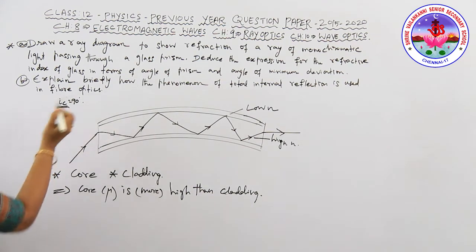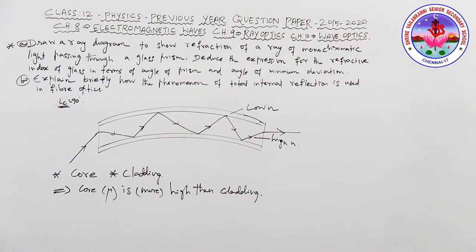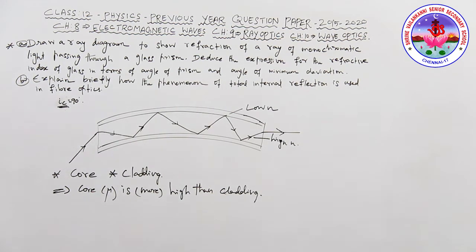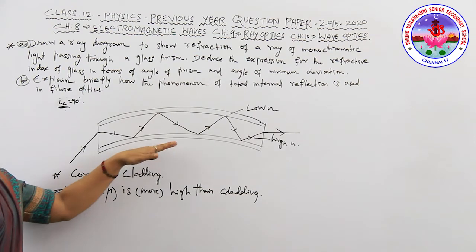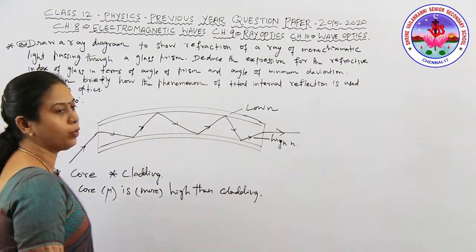If it is more than the critical angle, it undergoes repeated total internal reflection along the length of the fiber and comes out of the other end with almost negligible loss of intensity. That is how we get a good signal coming out.